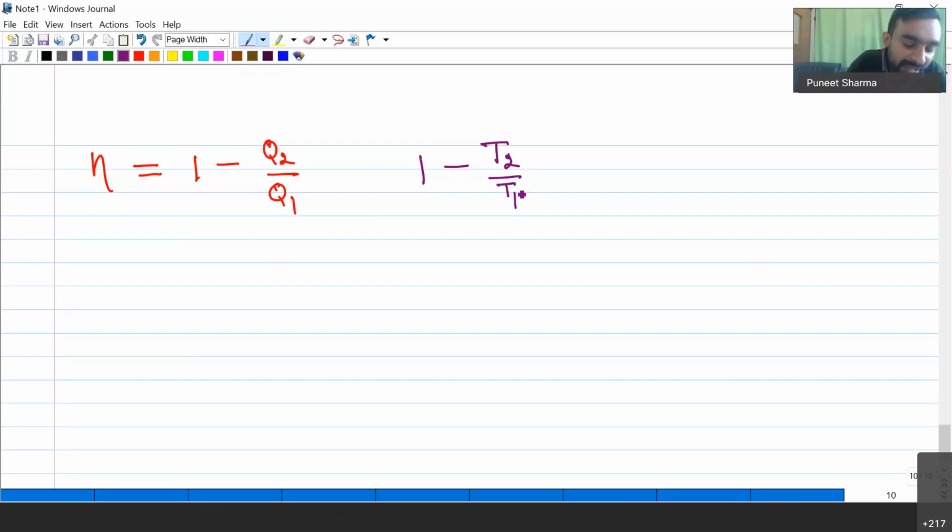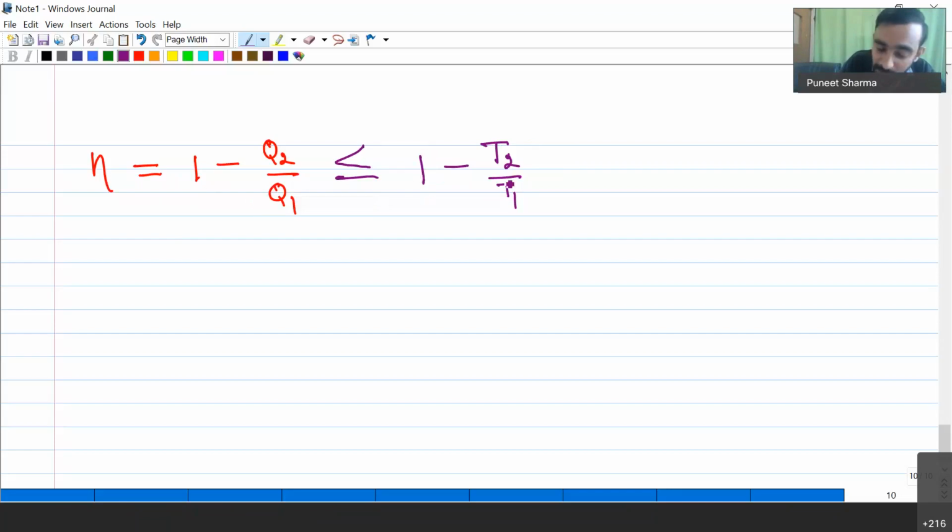So because of that, this term 1 minus Q2 by Q1 can at maximum go equal to 1 minus T2 by T1, or if the cycle is irreversible, it will be less than 1 minus T2 by T1. So I can write that 1 minus Q2 by Q1 in generalized form is less than or equal to 1 minus T2 by T1, where 1 minus T2 by T1 refers to the efficiency of the reversible cycle.